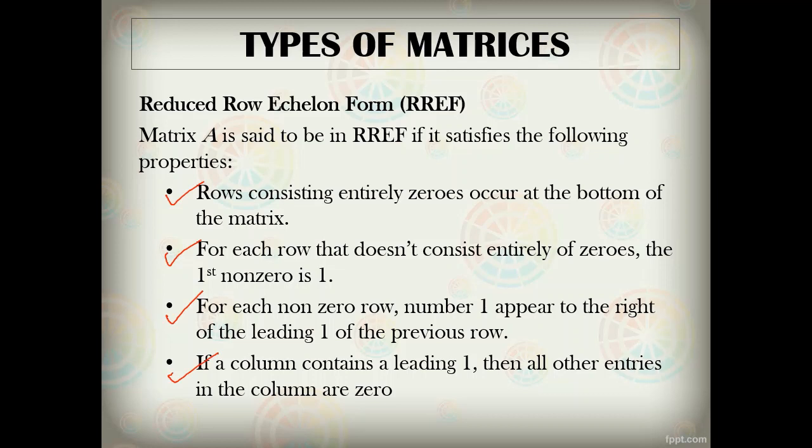So when you satisfy these three properties, it is REF. If you add one more property, which is this one, it becomes RREF, where once you have a leading one in that row, the other entries in its column must be zero.